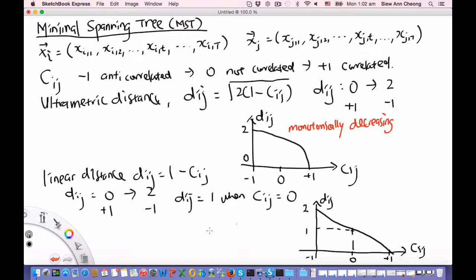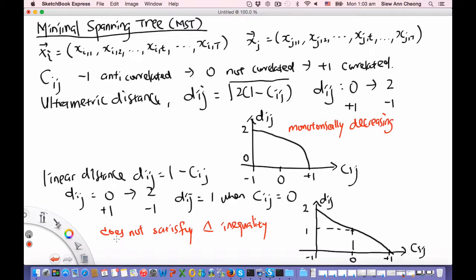Now what we should notice is that these two functions are of course not the same, and in fact the linear distance does not satisfy the triangle inequality, which is required of all distance measures.